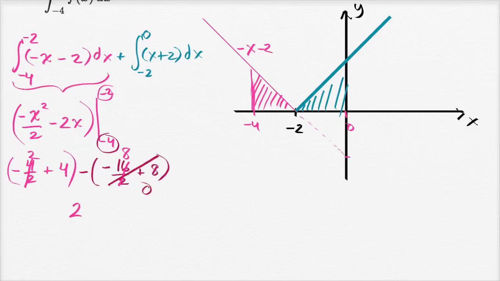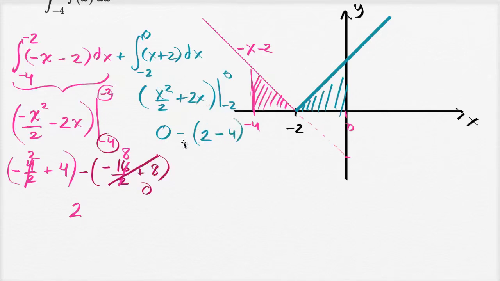And what we have here in blue, well, let's see. This is the antiderivative of x squared over 2 plus 2x. We're going to evaluate it at 0 and negative 2. You evaluate this thing at 0, it's just going to be 0. And from that, you're going to subtract negative 2 squared over 2. That is positive 4 over 2, which is positive 2. And then plus 2 times negative 2, so minus 4.